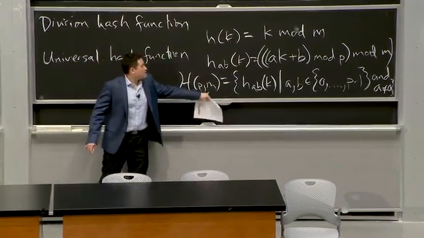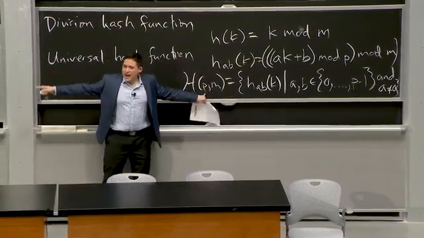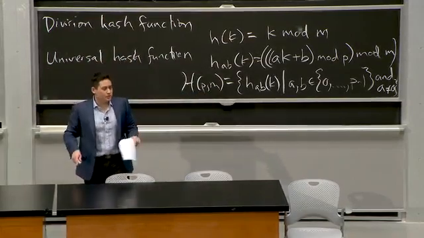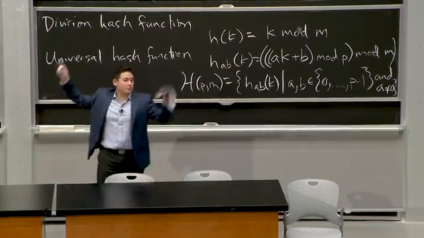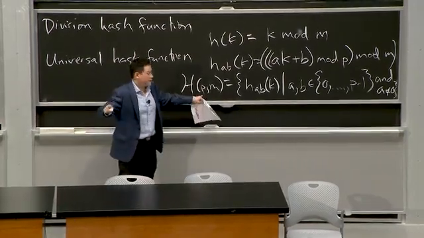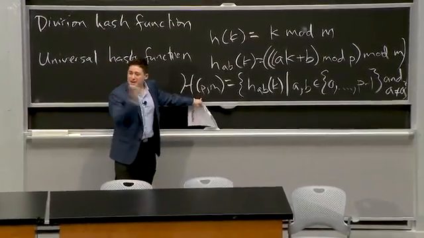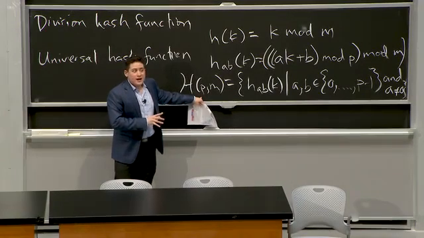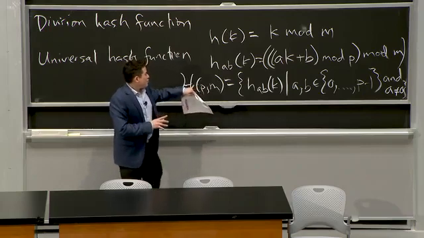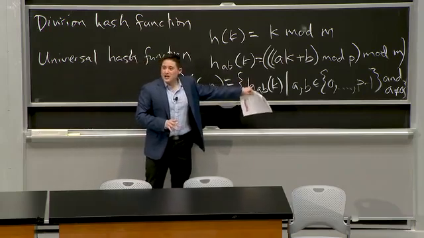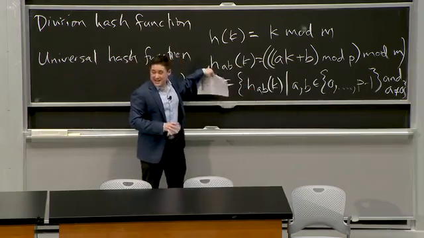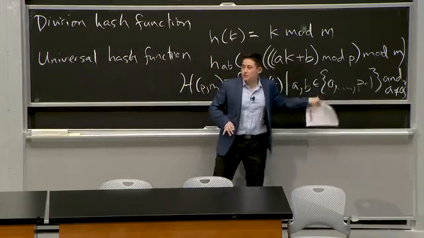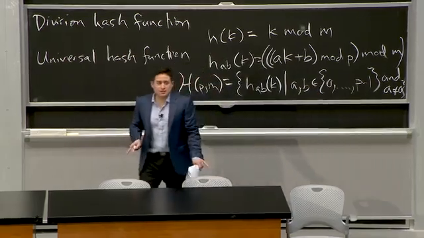It's parameterized by the size of my hash table m and some fixed large random prime that's bigger than u. I'm going to pick some large prime number, and that's going to be fixed when I make the hash table. And then, when I instantiate the hash table, I'm going to choose randomly one of these functions by choosing a random a and a random b from this range. Does that make sense?